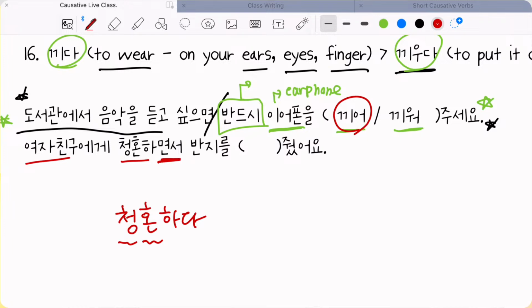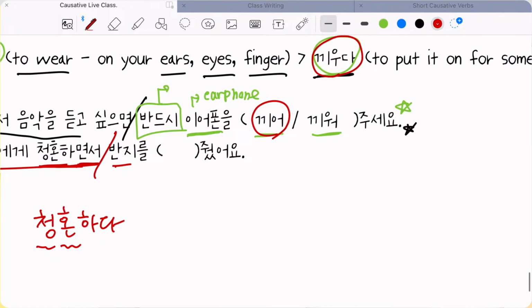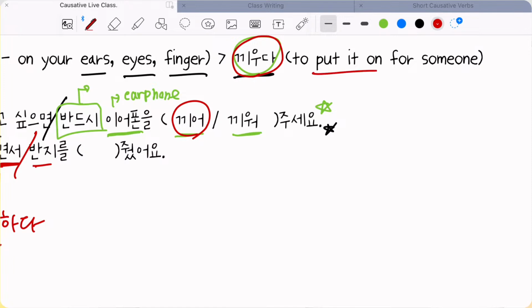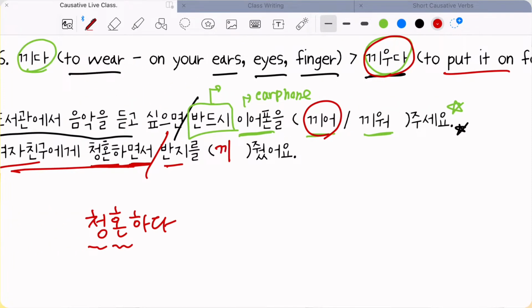So 하면서, while proposing to my girlfriend, I put on a ring for her. In this case, 반지를 끼우다 would be correct, right? 끼우다, because you put it on for your girlfriend. So 반지를 끼워줬어요 would be the correct one.